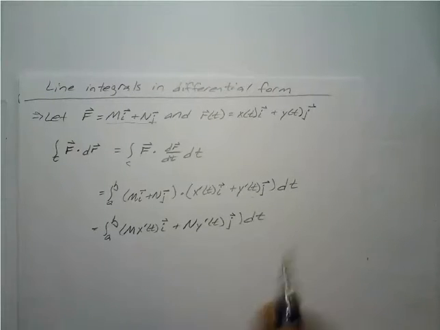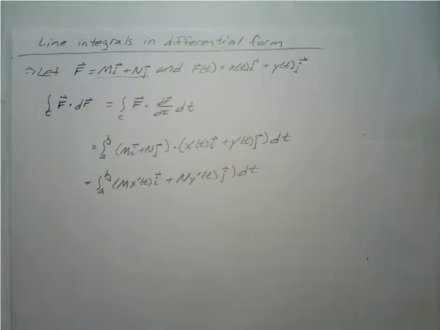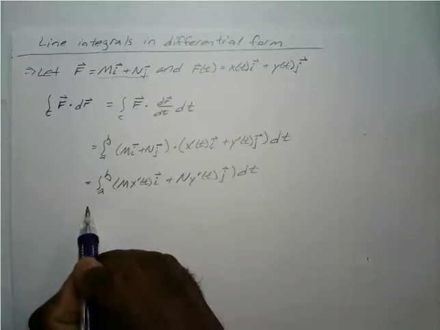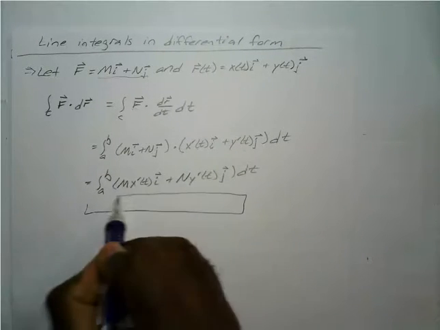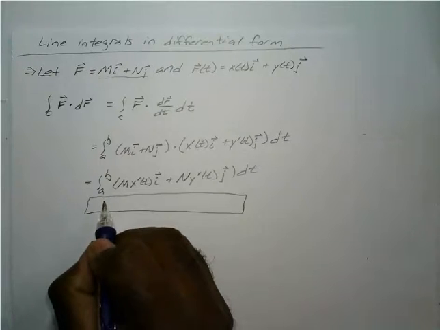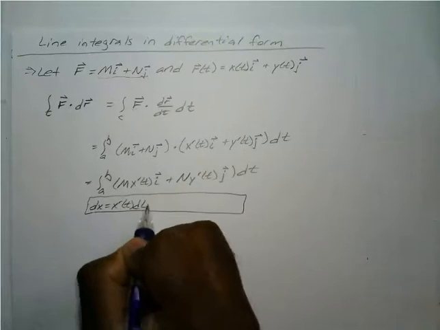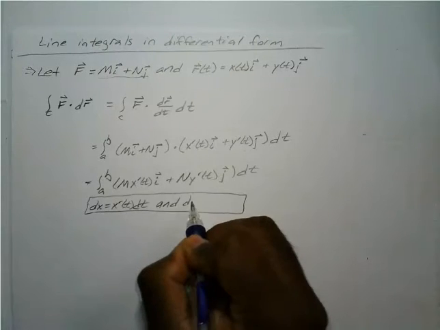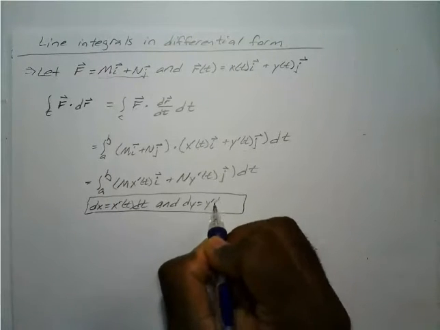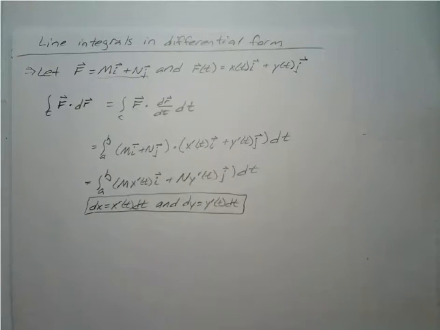Of course, that's with respect to t. Okay. Now we know from our differentials that dx is equal to x prime of t dt, and dy is equal to y prime of t dt.